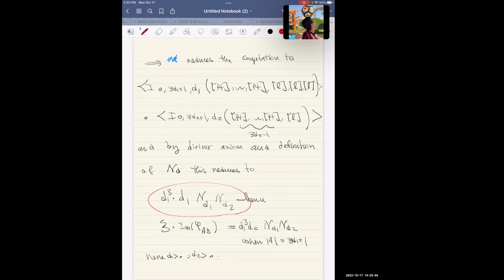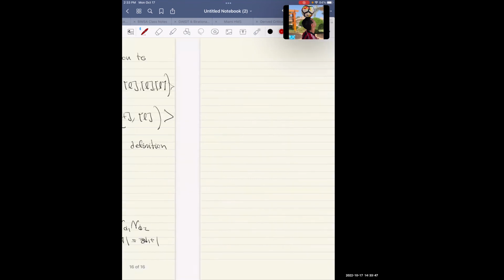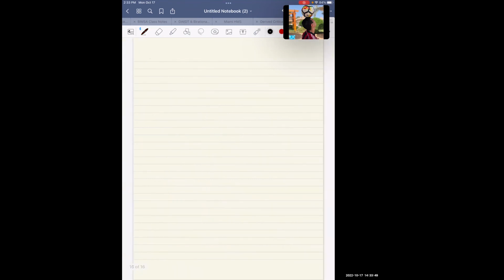So essentially, repeating this computation gives us the following result.